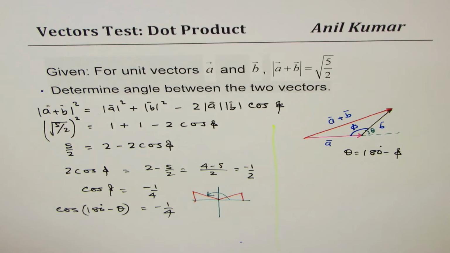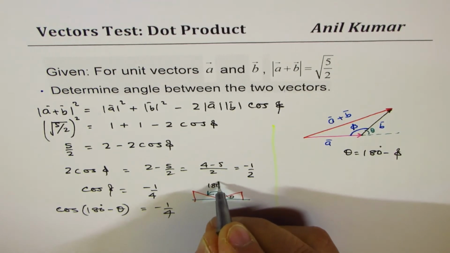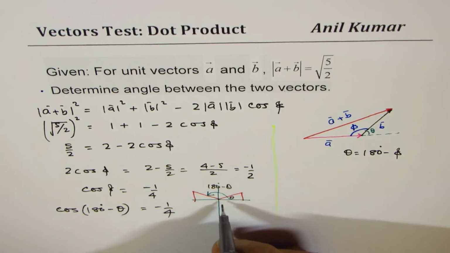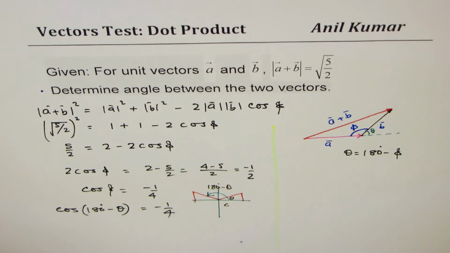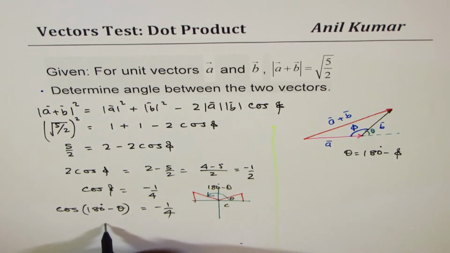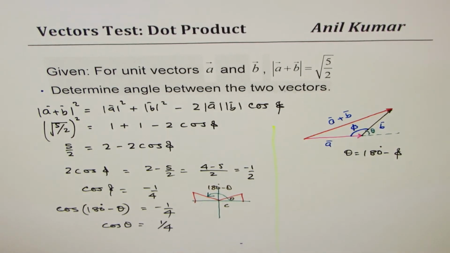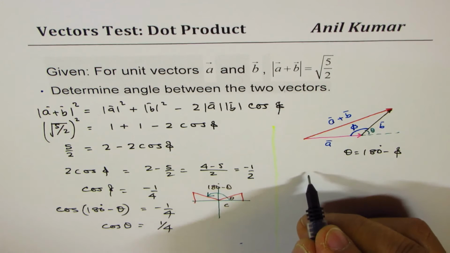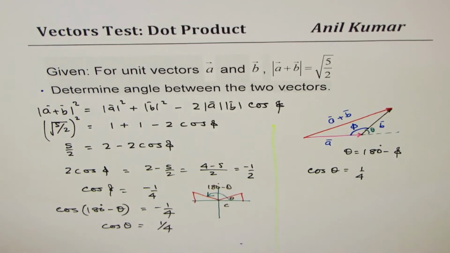Is it okay? Where this is theta, right? This is 180 minus theta. Now since cos is positive in quadrant 4, not here, we know cos of theta is equal to 1 over 4. Do you see that? So what we get here is cos of theta equals 1 over 4.